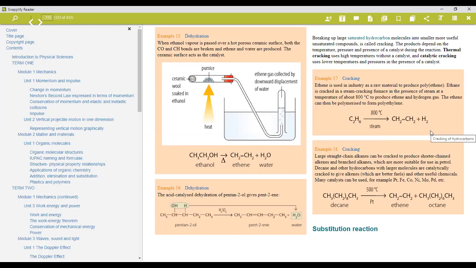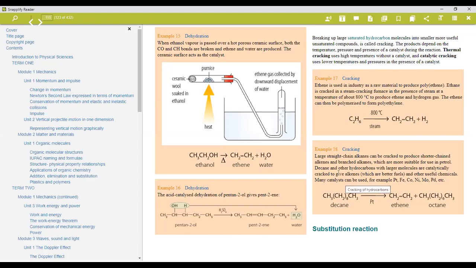Okay. And then let's see. So this one is our thermal cracking, because here we used steam at a temperature of 800 degrees. So here we only use steam, which means we only used our thermal method. But check on this second one. It says large straight chain alkanes can be cracked to produce shorter chain alkanes and branched alkanes, which are more suitable for use in petrol.